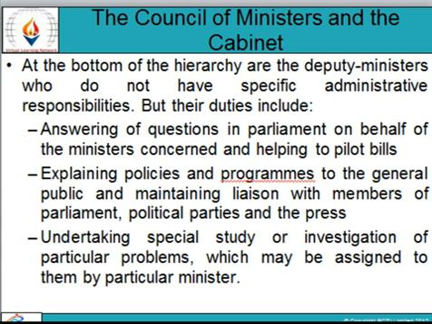And the last is undertaking special study or investigation of particular problems which may be assigned to them by the particular minister.